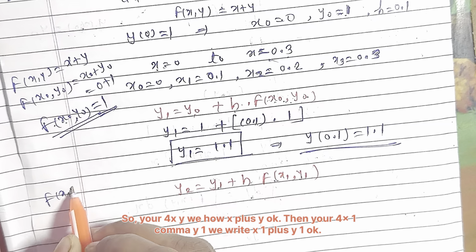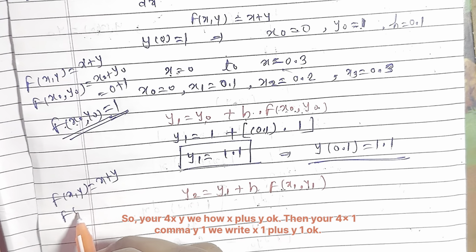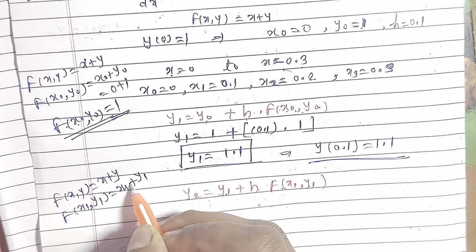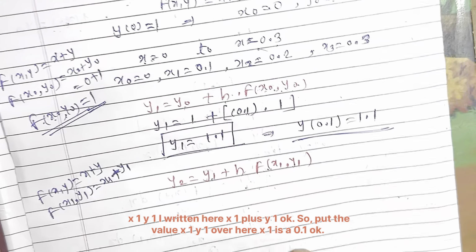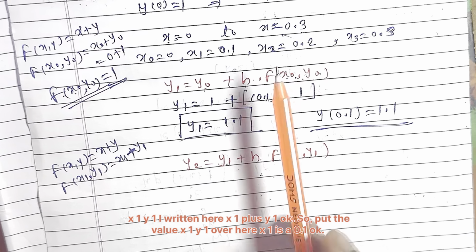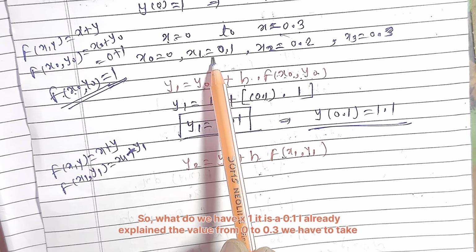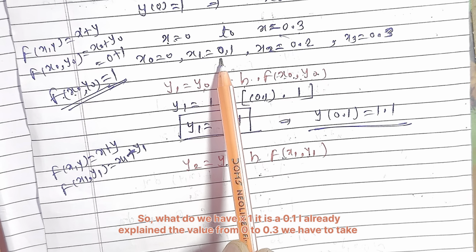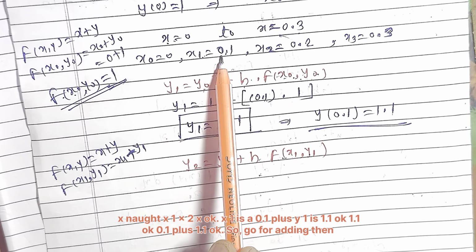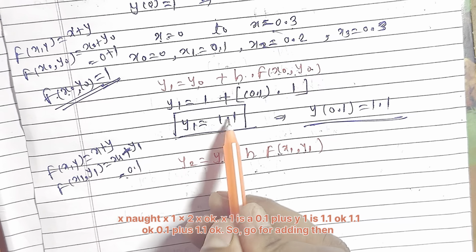So f of x, y we have x plus y. Then f of x1, y1 we write x1 plus y1. Put the values of x1 and y1 over here. x1 is 0.1. I already explained that from 0 to 0.3 we have to take x0, x1, x2, x3. x1 is 0.1 plus y1 is 1.1.